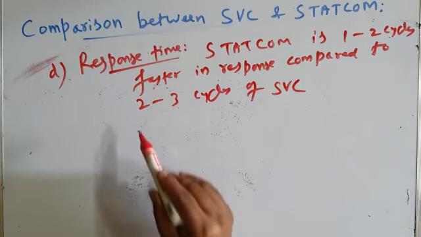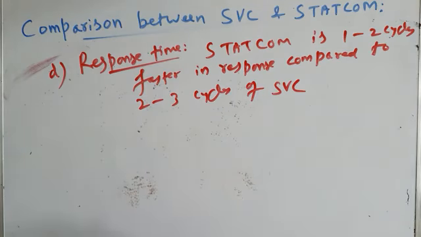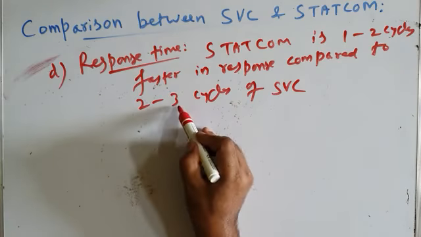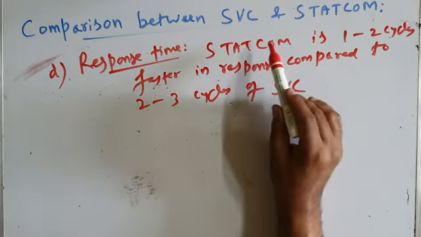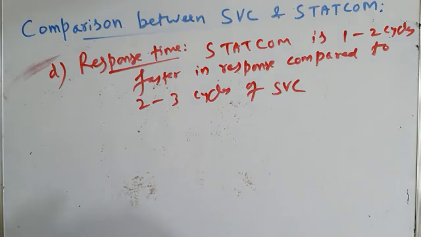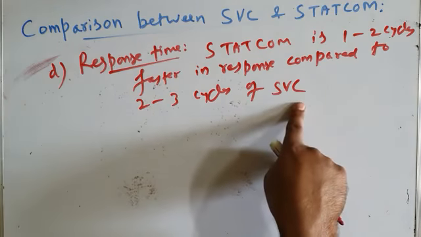That means whenever an SVC is switched in, it generally takes 2 to 3 cycles. Response time is 2 to 3 cycles. On the other hand, the STATCOM operates in 1 to 2 cycles. So STATCOM operates 1 cycle faster than SVC.